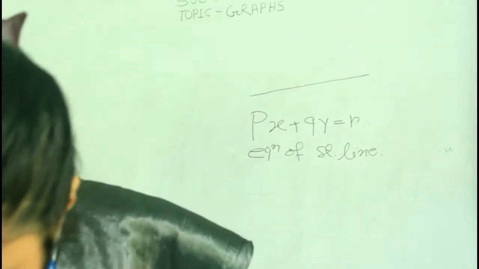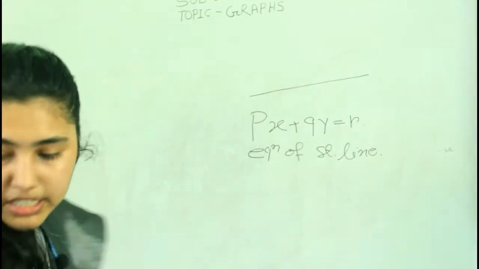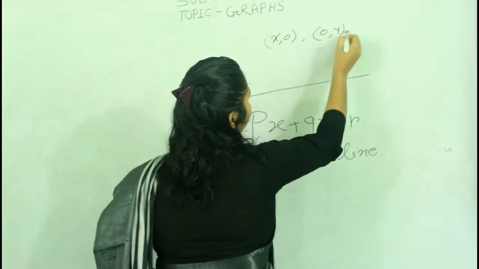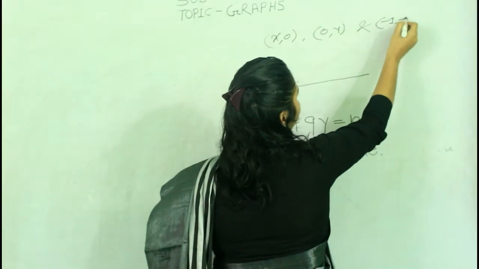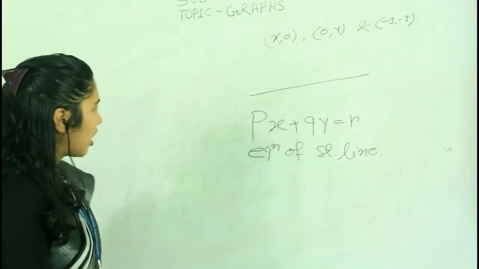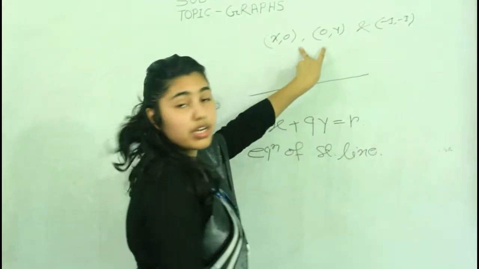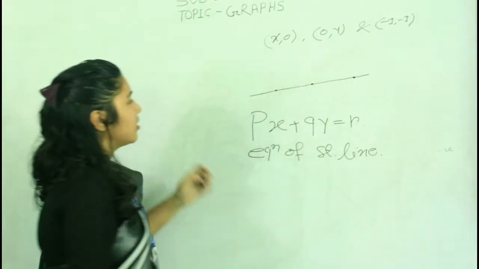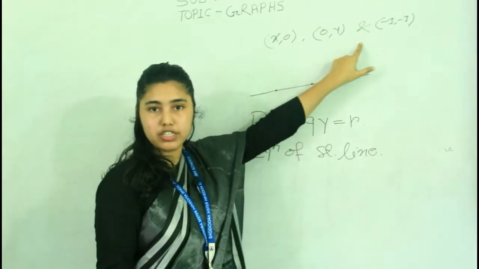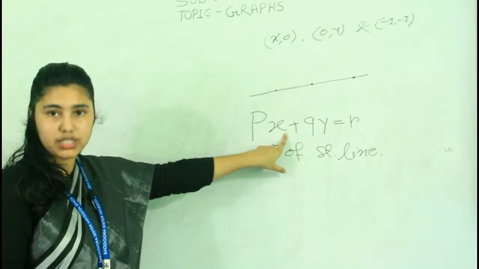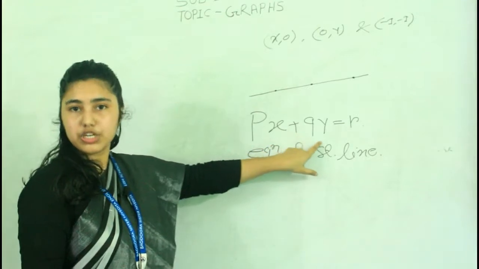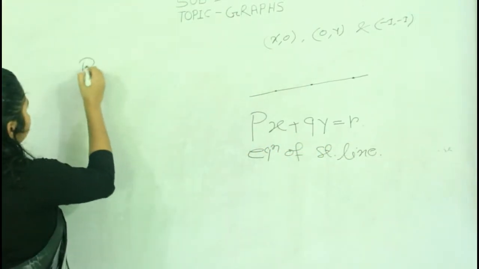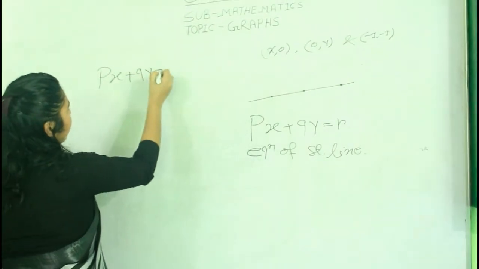Now, our points are (x, 0), (0, y) and (-1, -1). Now, they are collinear. That means they lie on this straight line. That means each of these points will satisfy the equation of this straight line, which is px plus qy equals r.